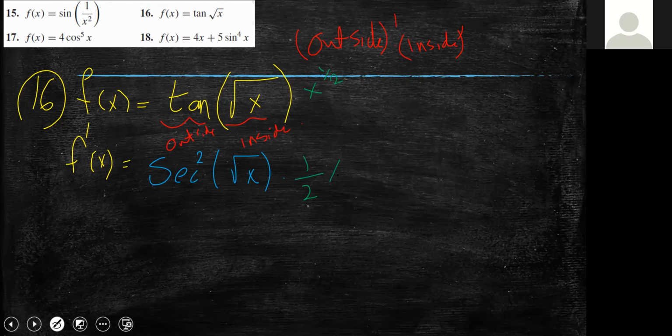Yes. So now the final answer, is it negative or positive? There's no negative because the negatives cancel each other. So 8x sine cotan 4x squared minus 1 times cosecant squared of 4x squared minus 1. This is the derivative of this one.